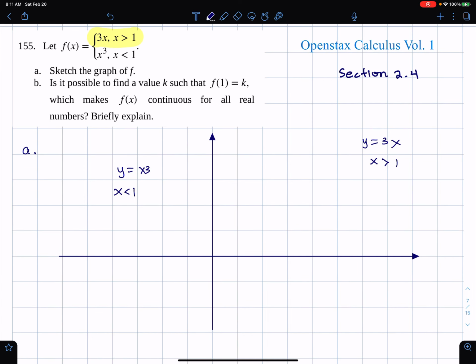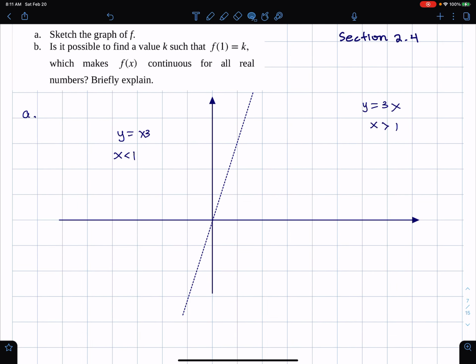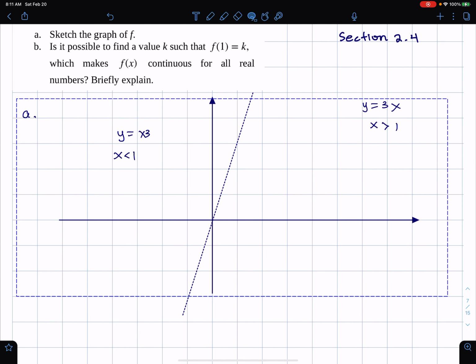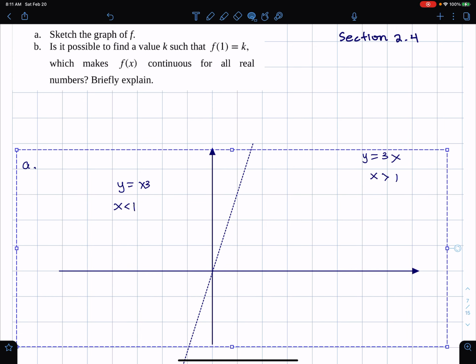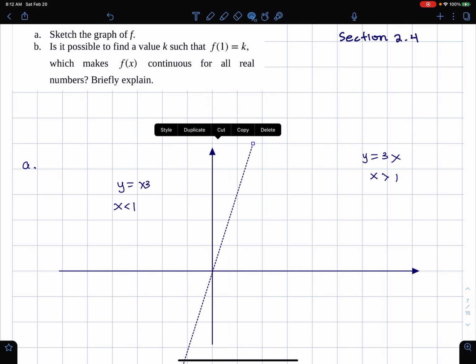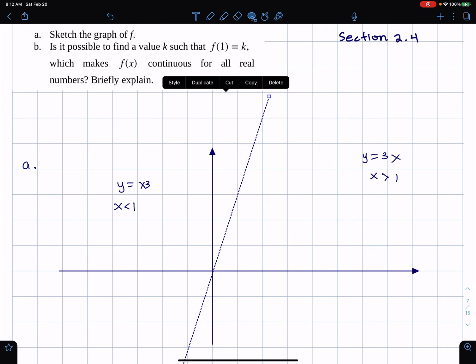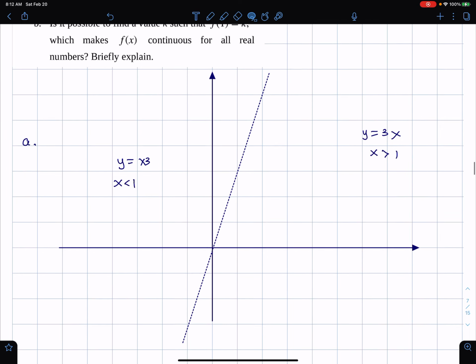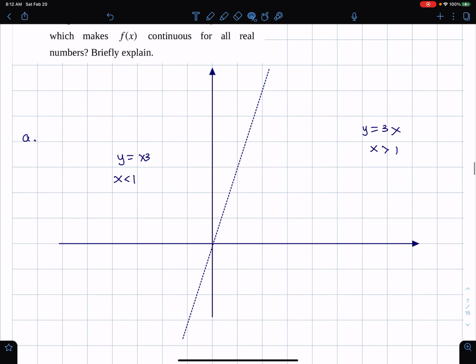That's a line through the origin with slope 3. And what I'm going to do is put a dotted line there first. So I'm just representing it by a dotted line. And the reason for that is I want to remind us what the graph of y equals 3x looks like.